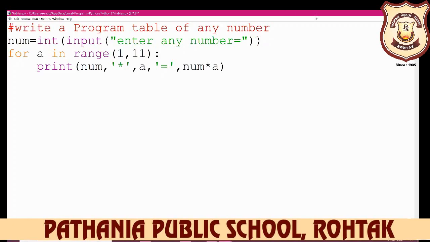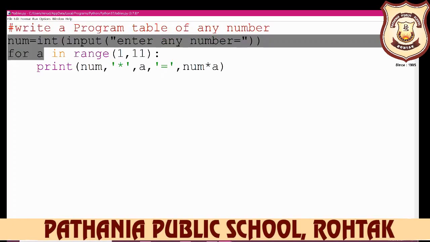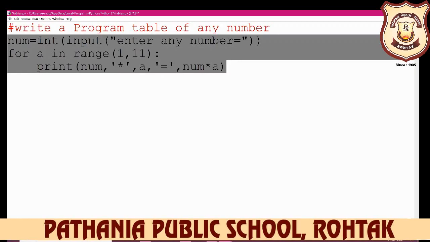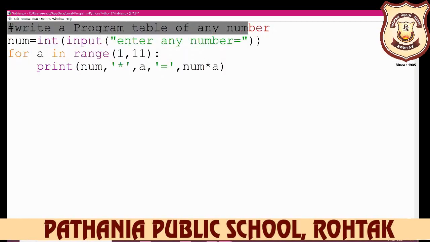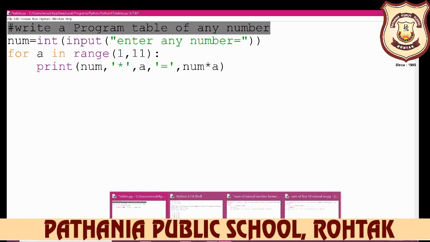So we write the name of the program as a comment in your program. First write the hash sign and then write the name of the program. After that you start your program, and your compiler only compiles the program, not this line. So you can write anything here that you want. Here we write the name of the program.